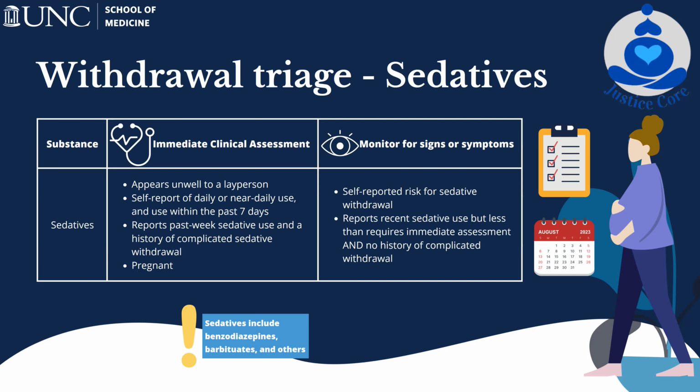It can also include barbiturates, and there are some other drugs out there that are also classified here. But as Essence and Andrea both so beautifully explained, these are all suppressants to the system.